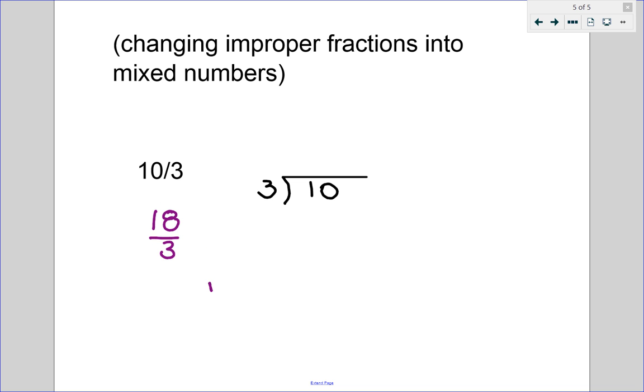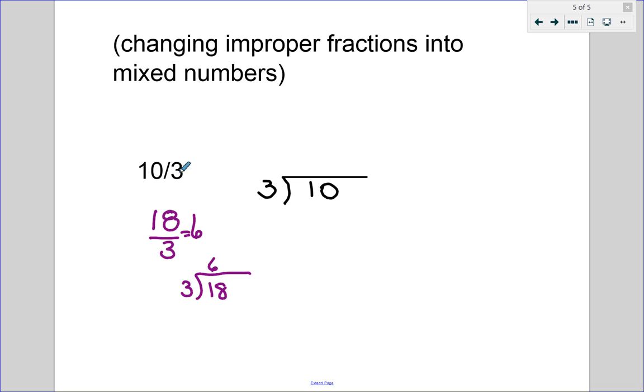So this means that I take 18, the top number always goes inside the box, the bottom number's outside, right? Denominator out here, numerator inside. 18 divided by 3 is 6, so 18 thirds would equal 6.